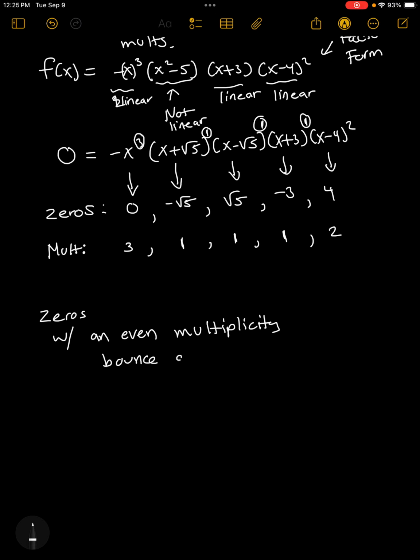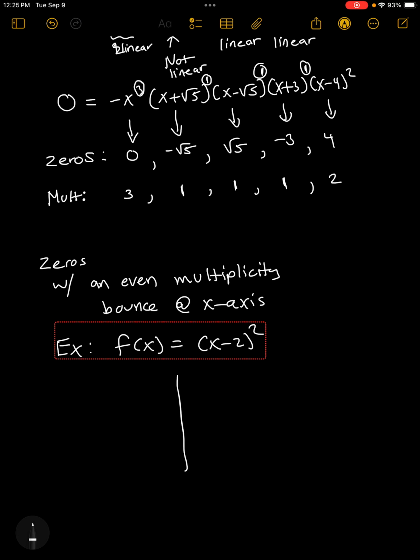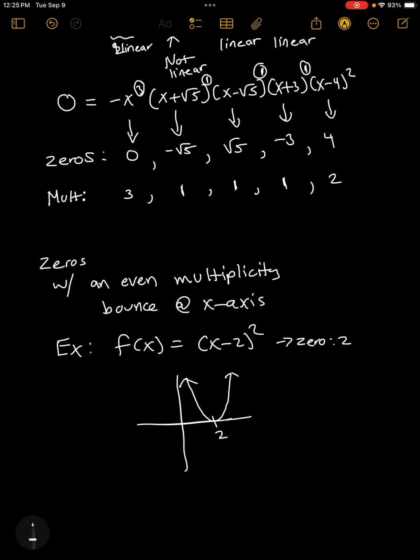In other words, if I give you a function like f of x equals x minus 2 squared, and I were to sketch it, the zero would be 2. The multiplicity is 2. Notice it bounces at x equals 2. So zeros of an even multiplicity bounce at the x-axis.